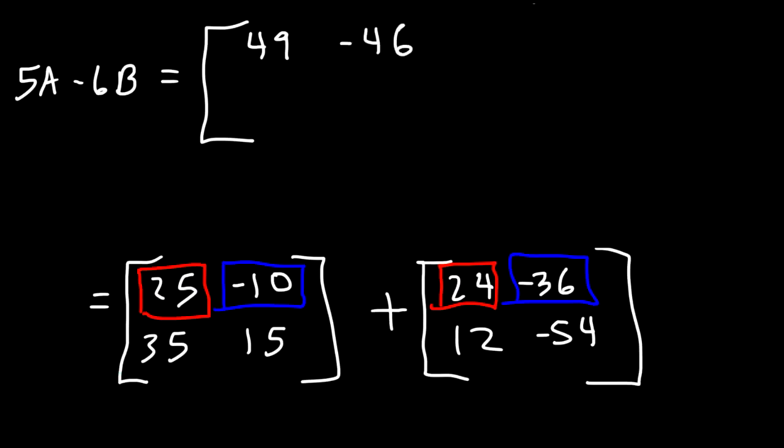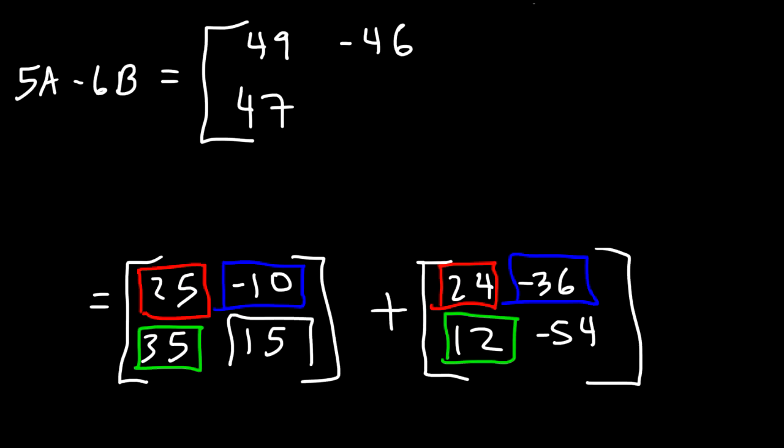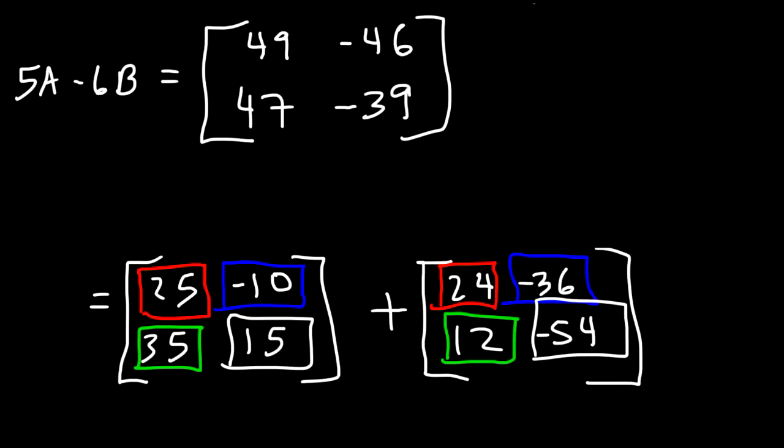Now let's move on to second row, first column. 35 plus 12 is 47. And then finally, the second row, second column. 15 plus -54 is -39. And so that's it for this problem.